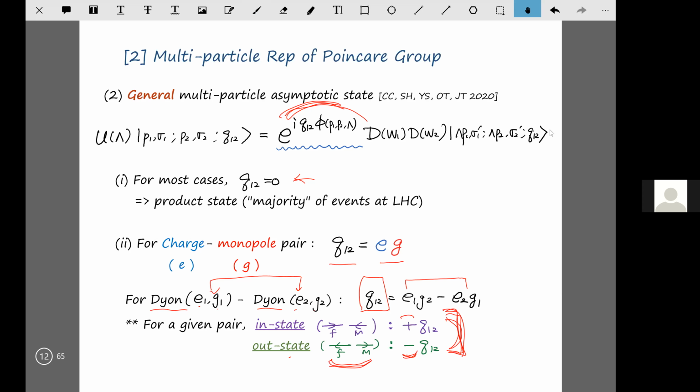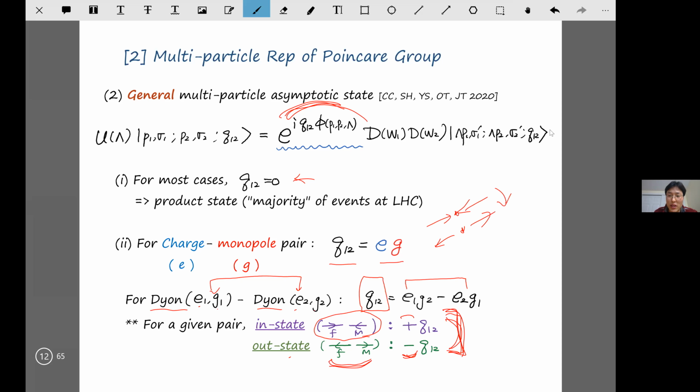It's antisymmetric under 1 and 2, right? So that's why I'm confused. Sorry, can you say that again? Q12 is antisymmetric under the exchange of particles 1 and 2. No, I didn't exchange them. Take the in state, and then eventually they collide, and then the fermion passes through the monopole, and the monopole keeps traveling.